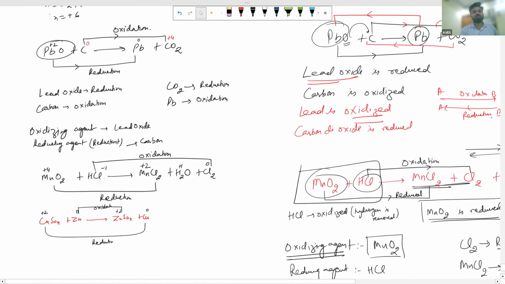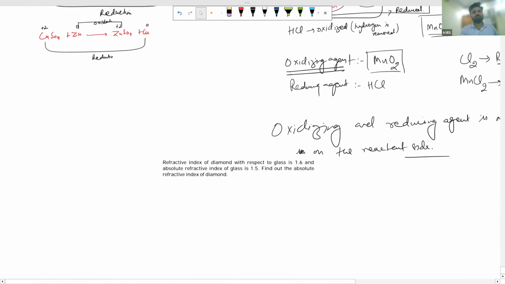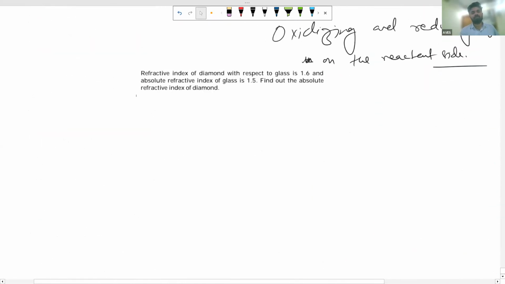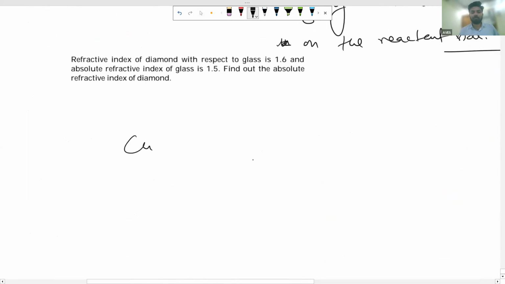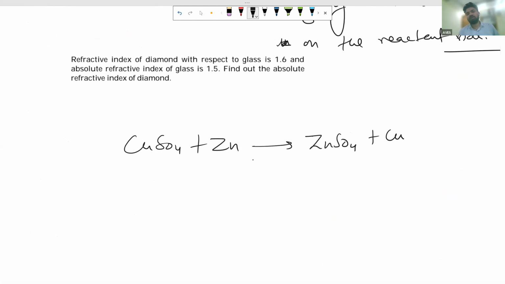So this is going to come in the examination. If I have copper sulfate plus zinc, it will give you ZnSO4 plus Cu. Which one is the oxidizing and reducing agent? Which substance is oxidized and reduced? Sir, SO4, I think, is reduced.